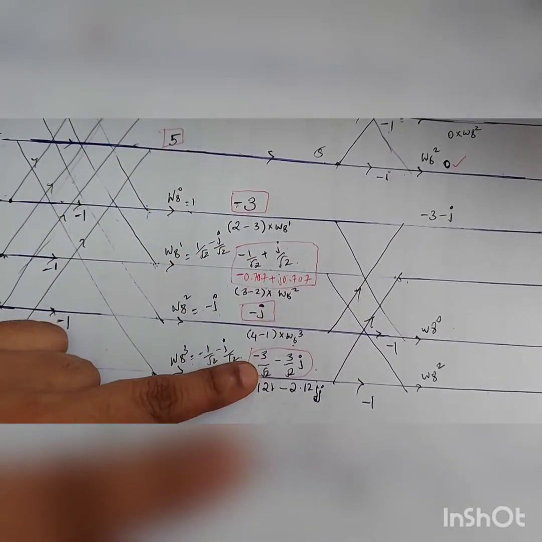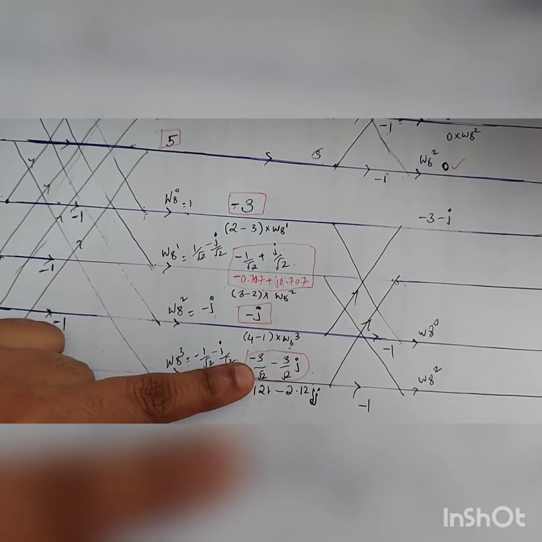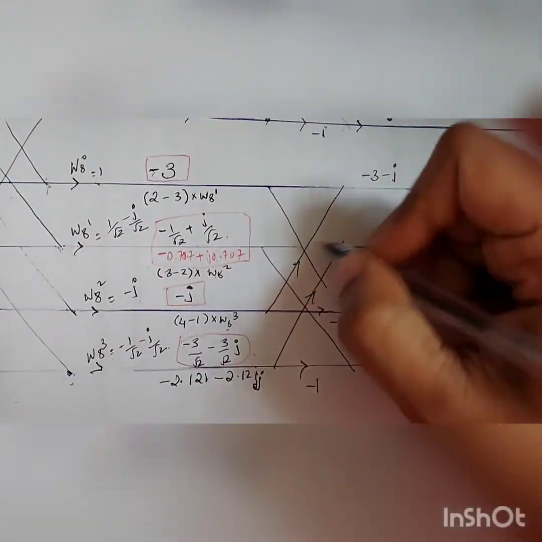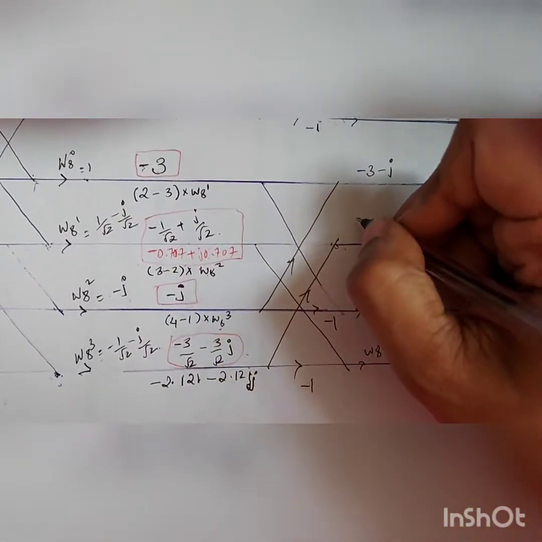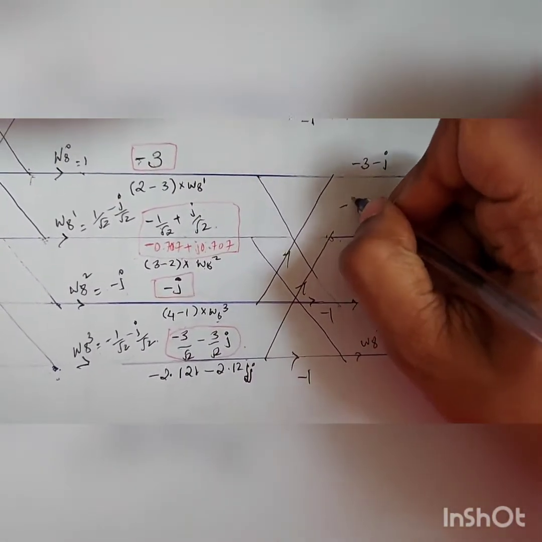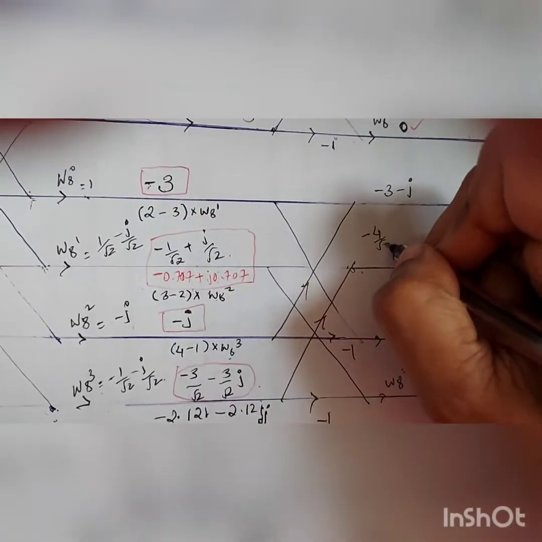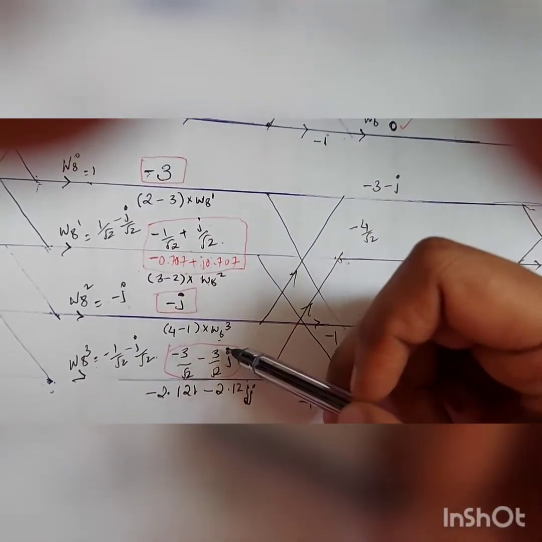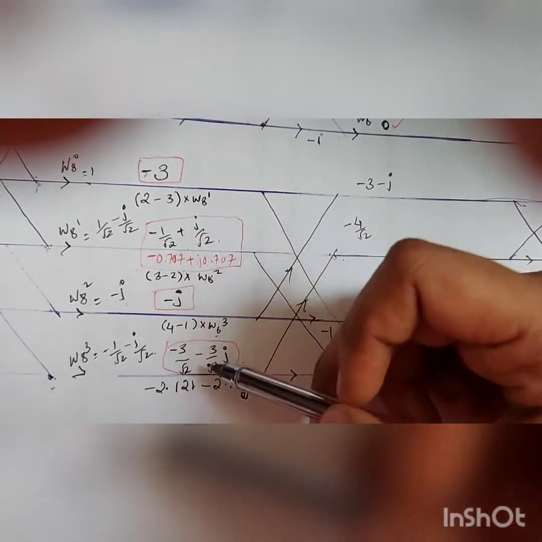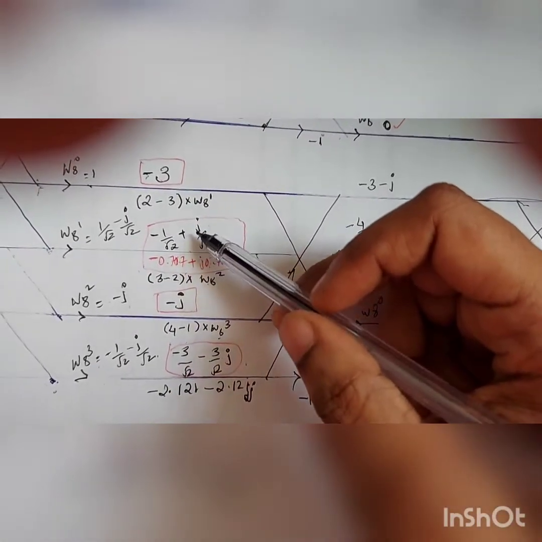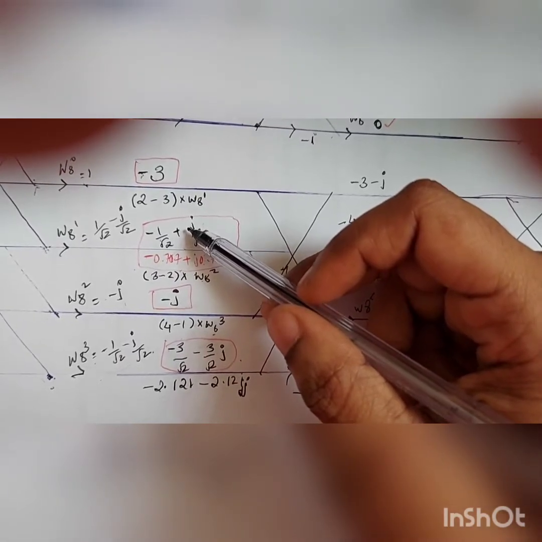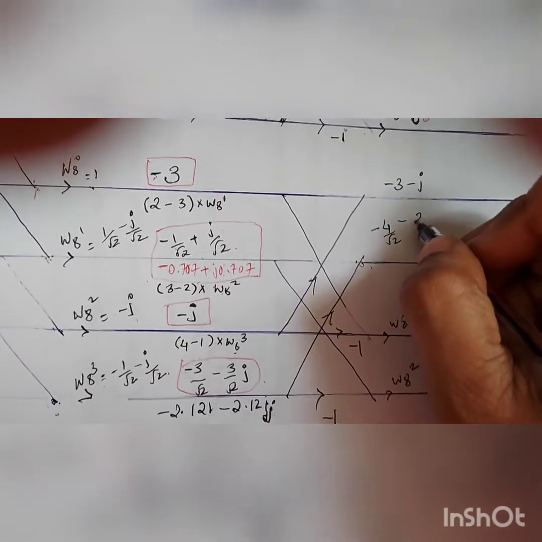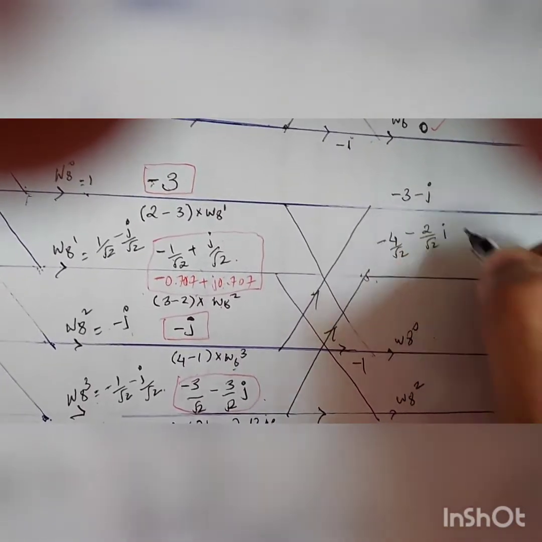Minus 1 by root 2 minus 3 by root 2 is minus 4 by root 2. Or if you want, you can separately add it in the calculator. So I will get minus 4 by root 2 plus j by root 2 minus 3 by root 2. This is minus 3 plus 1, so this is minus 2 by root 2 j.